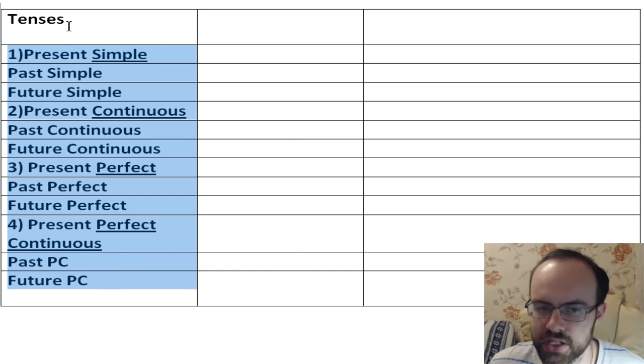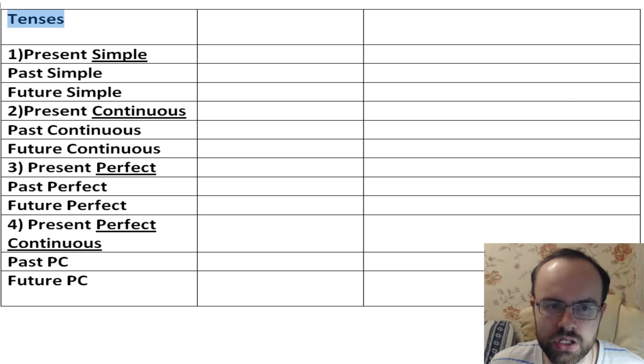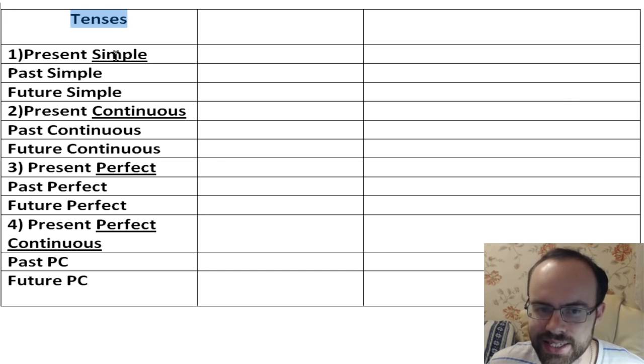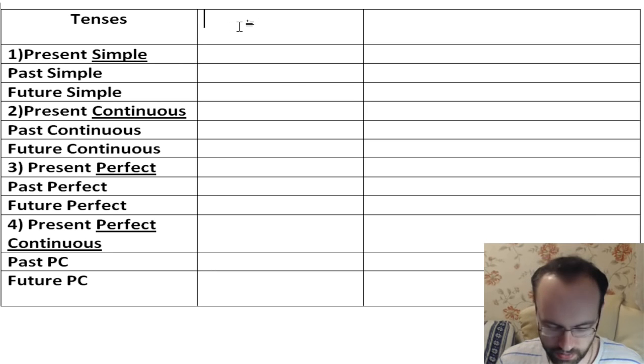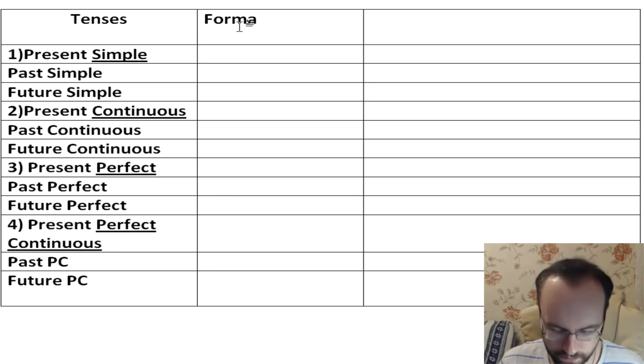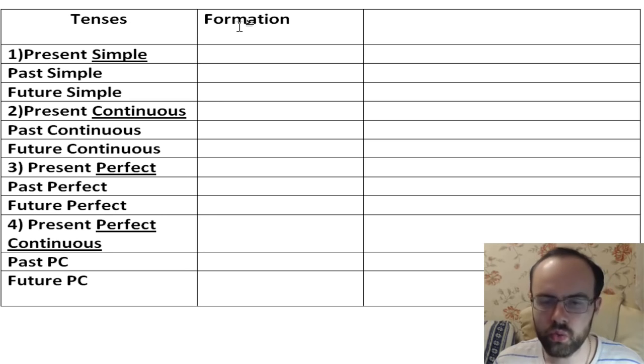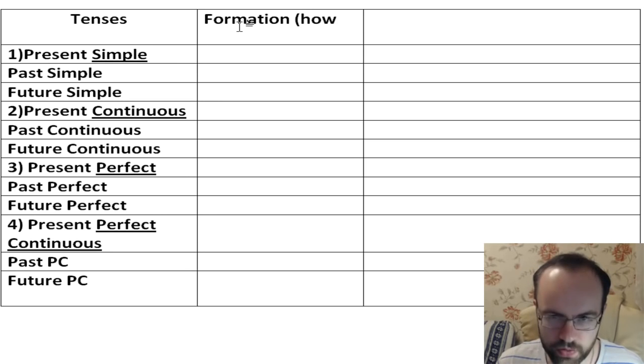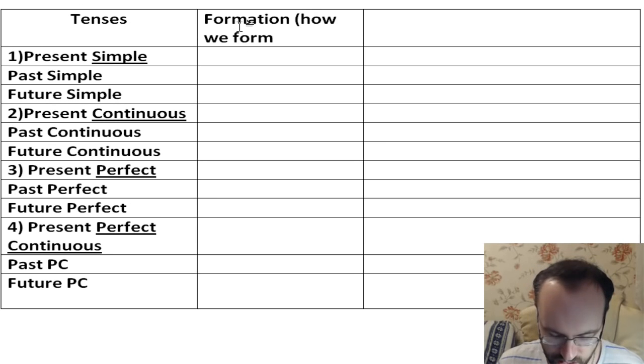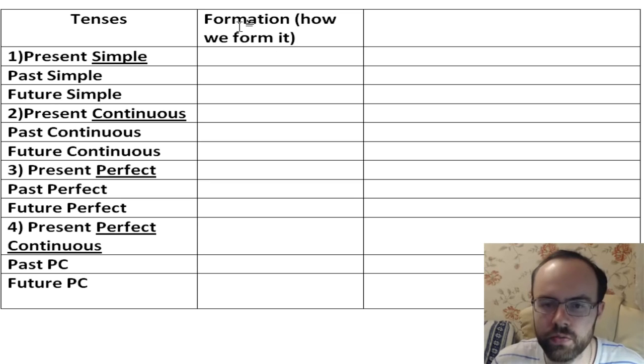So practice is very important, but first of all you need to know what English tenses exist. And you see, there are 12 tenses. The second thing you need to know is formation, how we form these tenses.